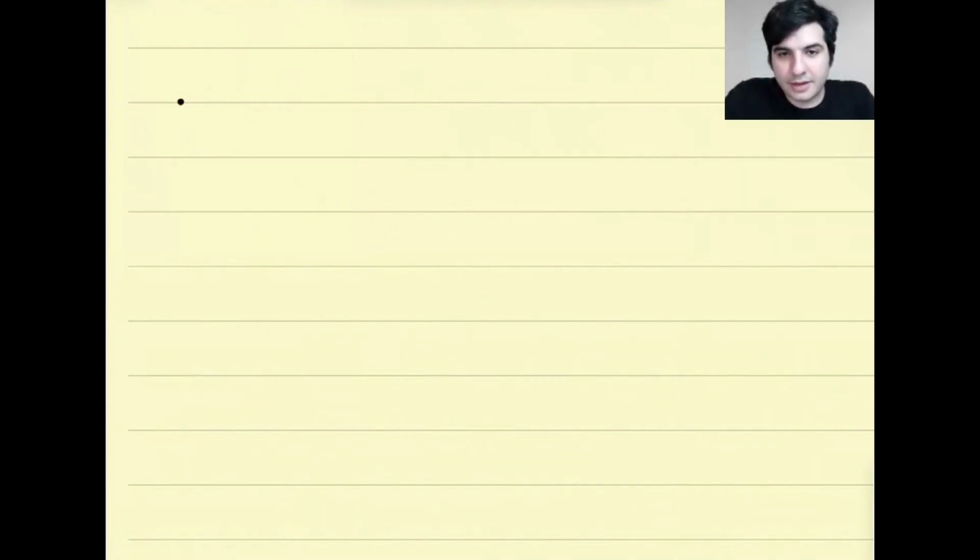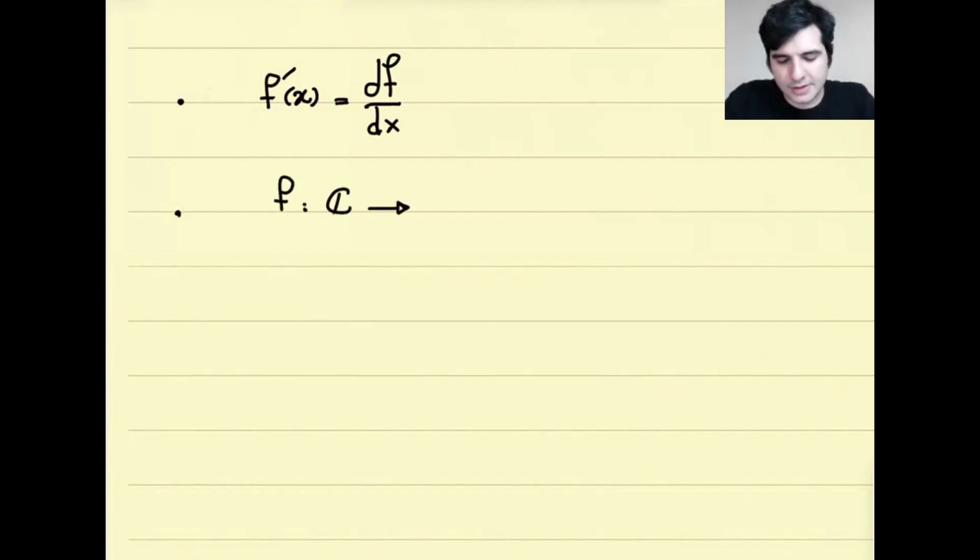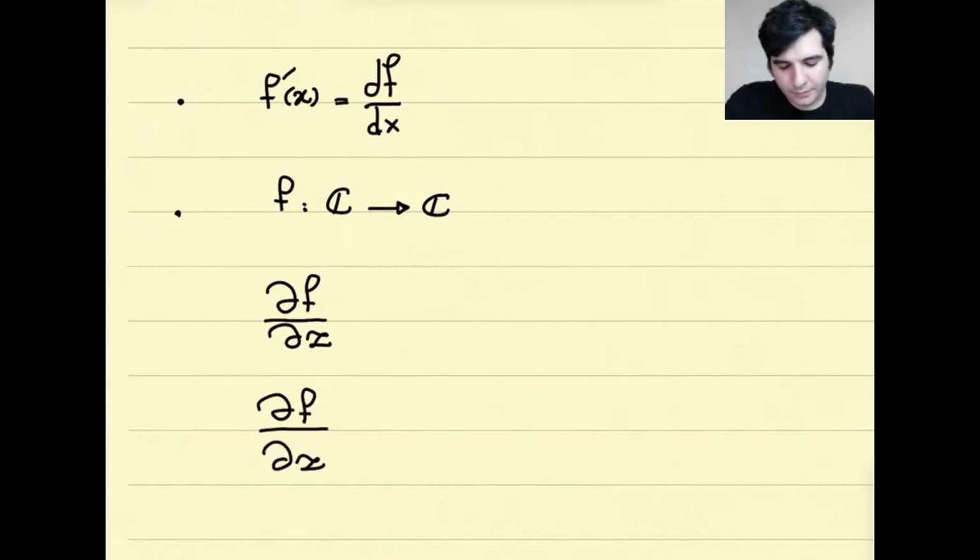Now there is a similar thing in complex analysis. Over the reals, we can take the derivative of f with respect to x. In complex analysis, when I have a function f defined on C or a subset of C, we introduce two forms of derivative: the derivative of f with respect to z, partial f partial z, and the derivative of f with respect to z bar.